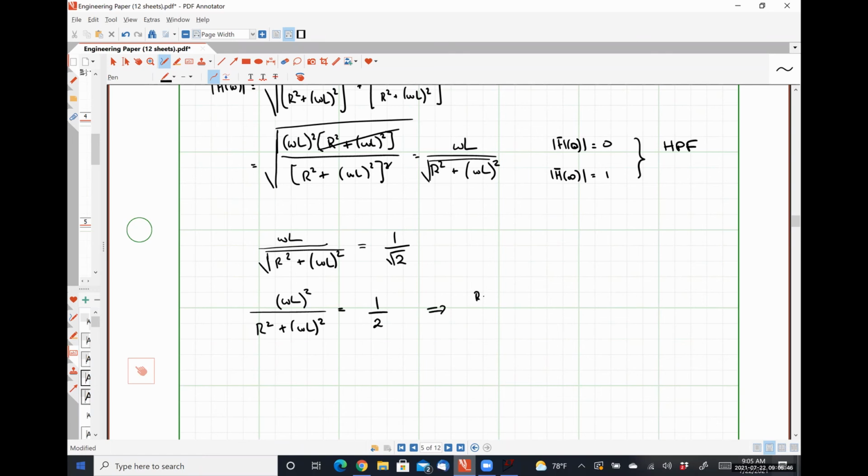So that would give us R squared plus omega L squared is equal to twice omega L quantity squared, or R squared is equal to omega L quantity squared.